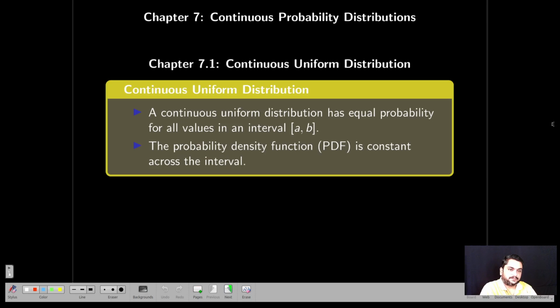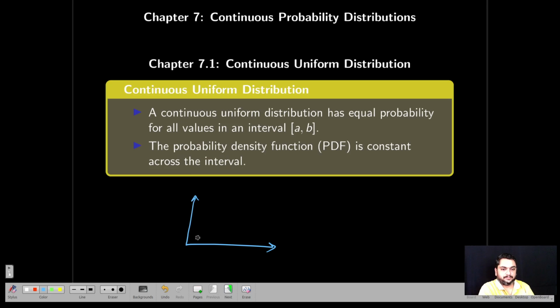In that, the first one is the continuous uniform distribution. In the previous lecture you have seen the discrete uniform distribution. In the same way, for a continuous random variable, how do you define a continuous uniform distribution? You define it between an interval a, b. In the discrete case you have bars or histograms that you draw because it is discrete.